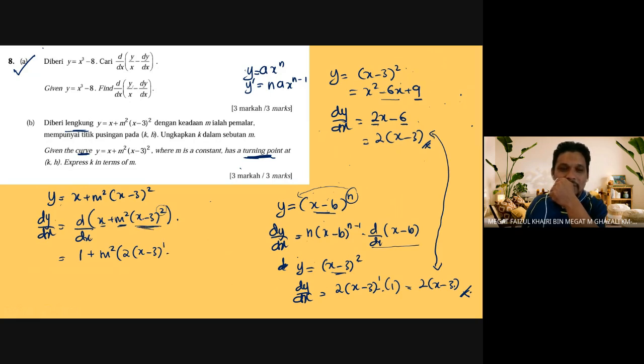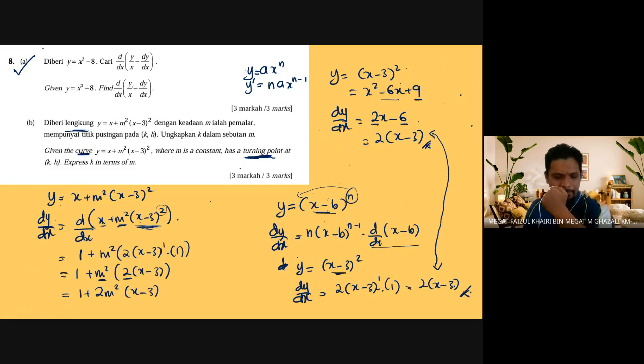And then the derivative of x − 3 with respect to x: differentiate x equals 1, differentiate −3 is 0, so 1 here. Okay, so it is 1 + 2m²(x − 3), or we can write this as 1 + 2m²(x − 3).